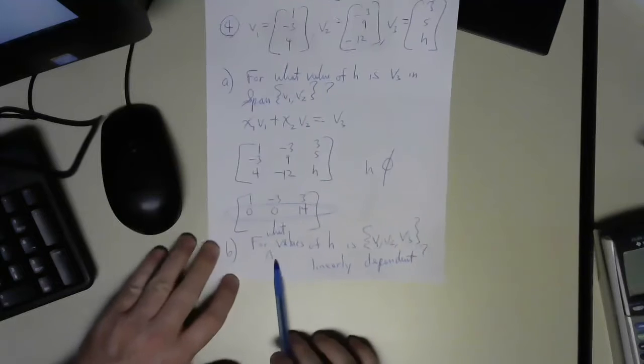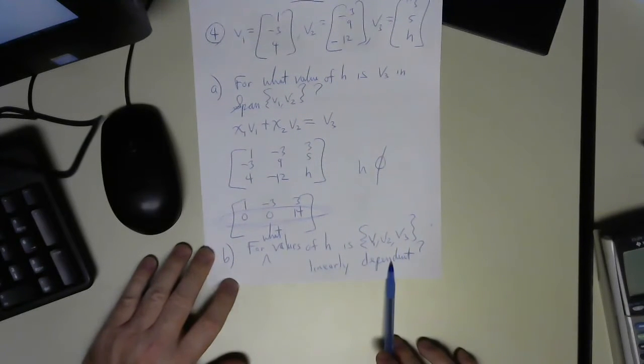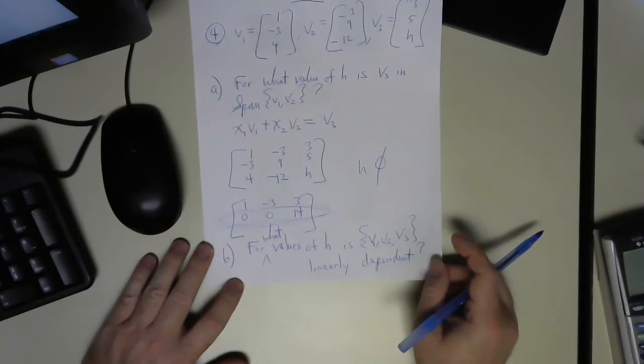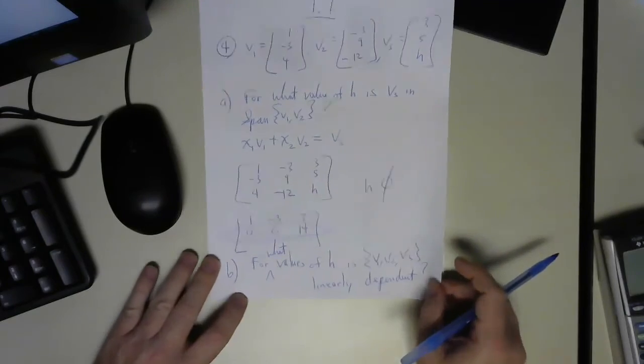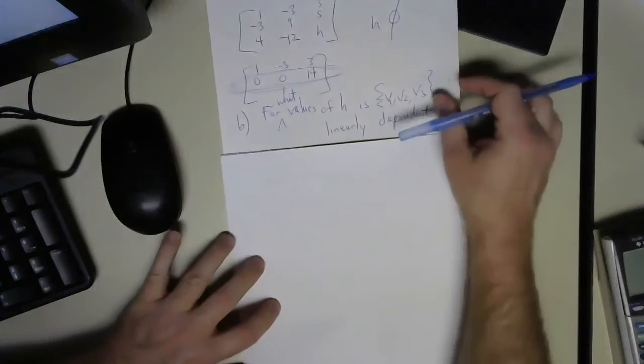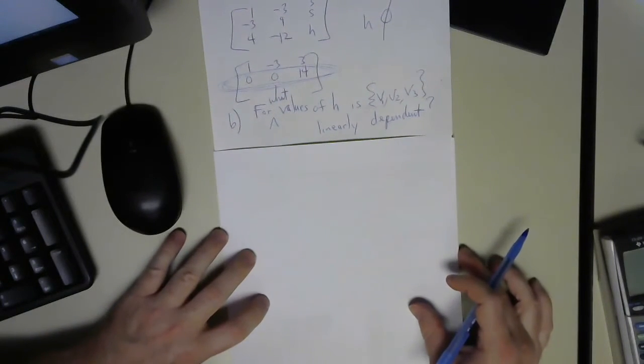Okay, part 2. For what values of h is this collection of vectors linearly dependent? Okay, so that means we have a non-trivial solution of that homogeneous system. So once again, need to set up our augmented matrix. But what does it look like in this case? Well, let's see.